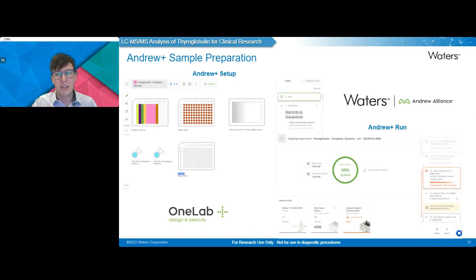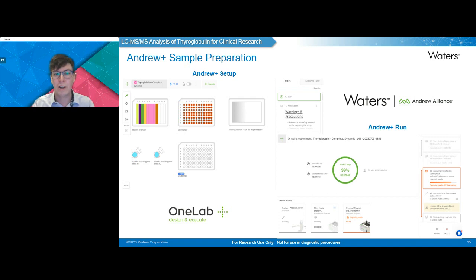So this is just a quick overview of what it might look like in OneLab. You have the Andrew+ setup on the left-hand side of what effectively you're trying to do with the reagent plate, the digestion plate, and also the eluate plate. These are some of the critical parameters we have set up in the Andrew+.